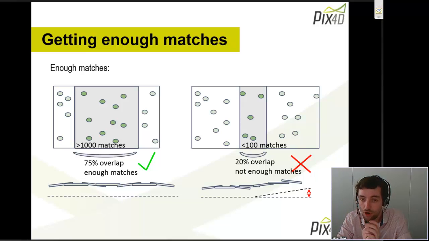But this works only if we can find enough tie points between images. And to find enough tie points, the parameter that affects the most is the overlap between the images.